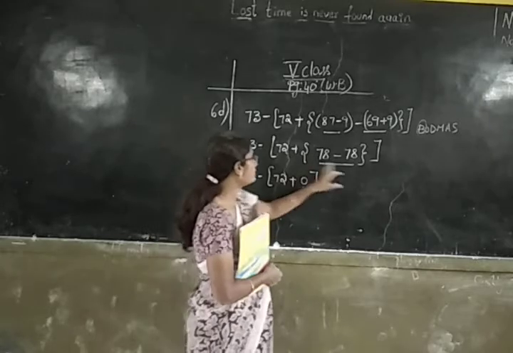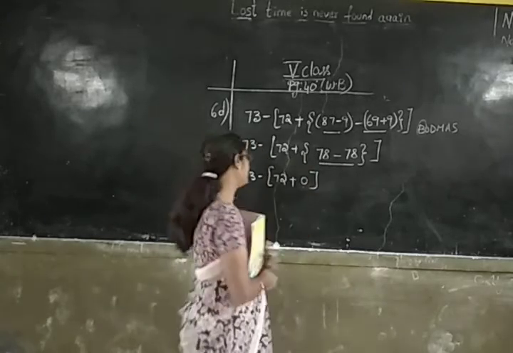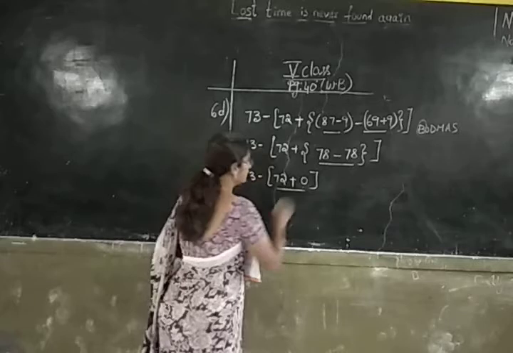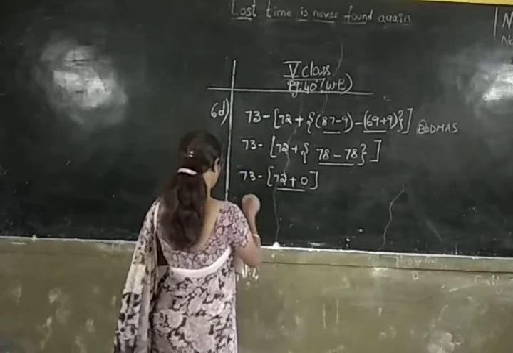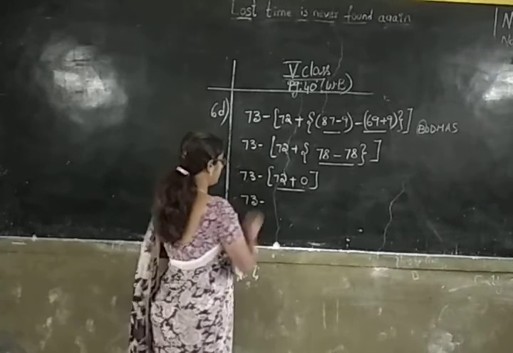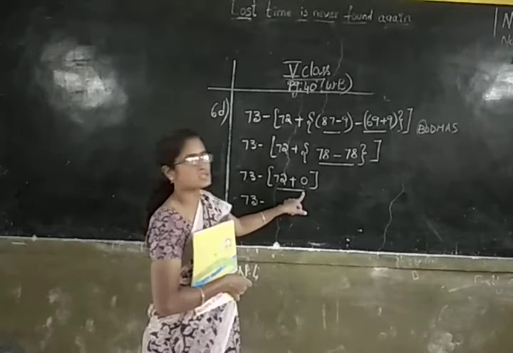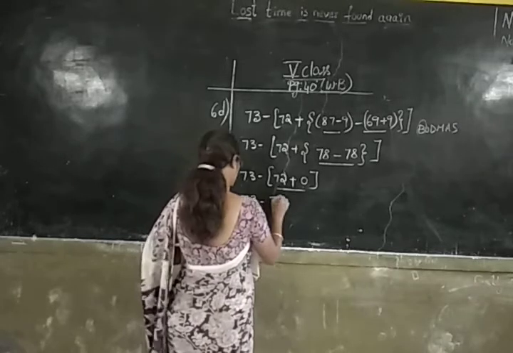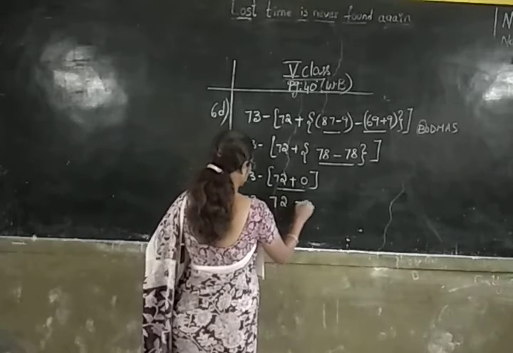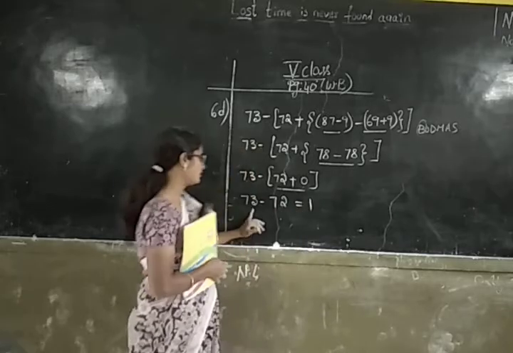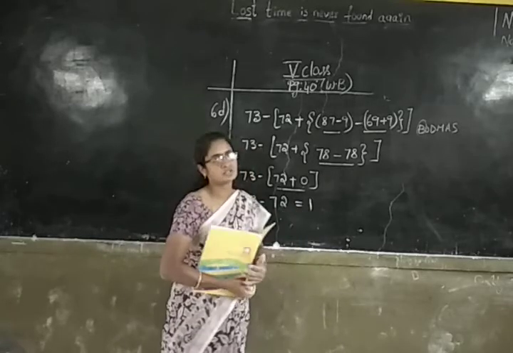So after solving the flower bracket, let us solve the terms inside the square bracket. 73 minus 72 plus 0 is equal to 72 plus 0, so the answer is 1. 73 minus 72 is equal to 1.